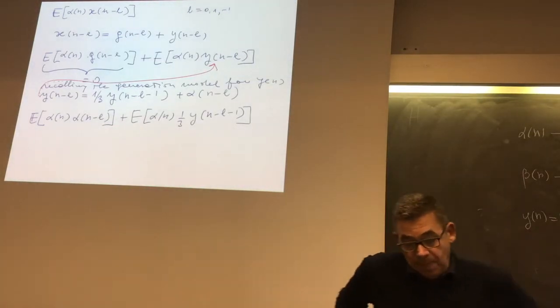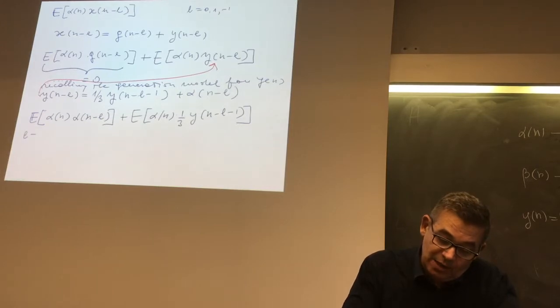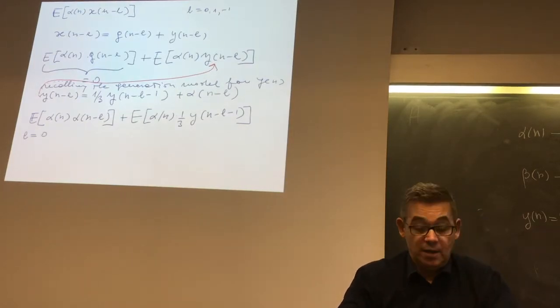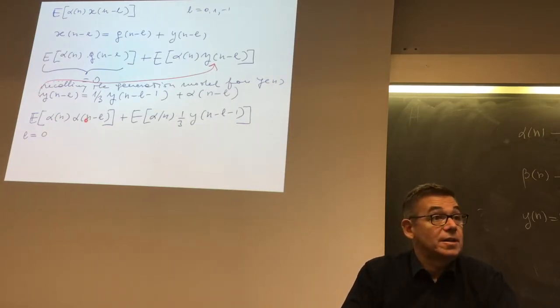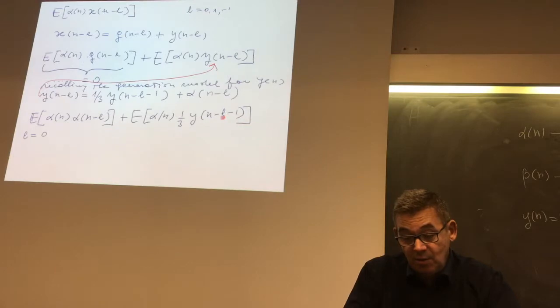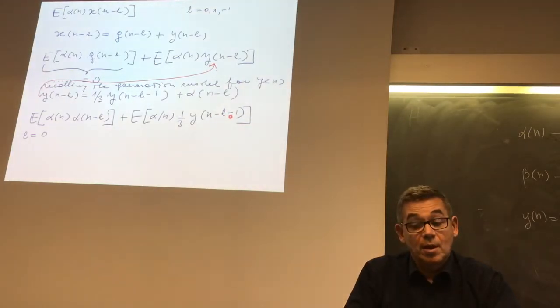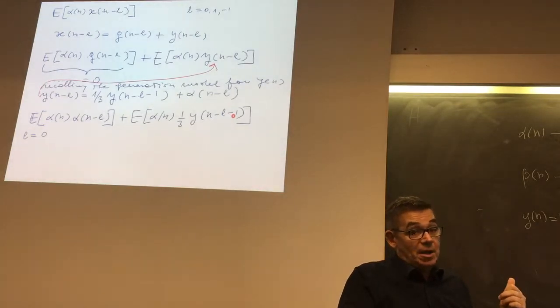So, let's calculate one by one. So I need to compute for L equal 0. Now for L equals 0, I have here alpha n, which is the power of alpha. Alpha n, yn minus 1. But yn minus 1 depends on alpha n minus 1.